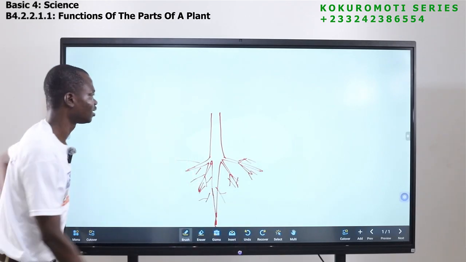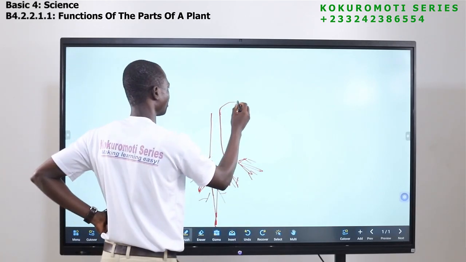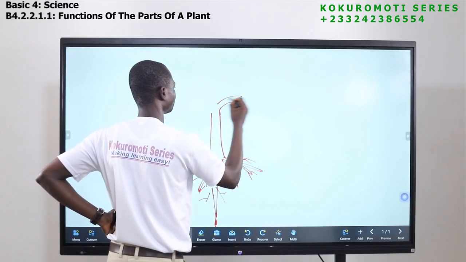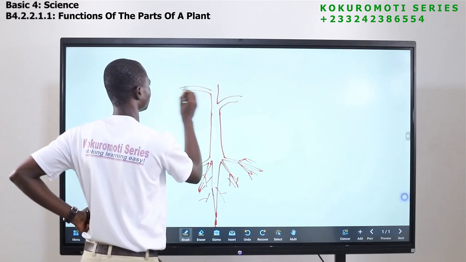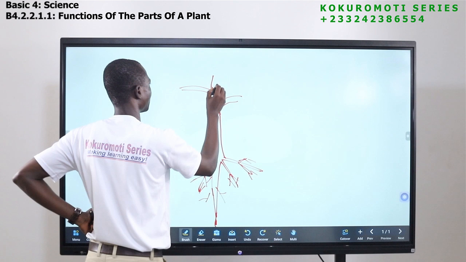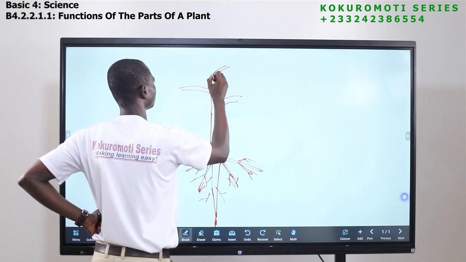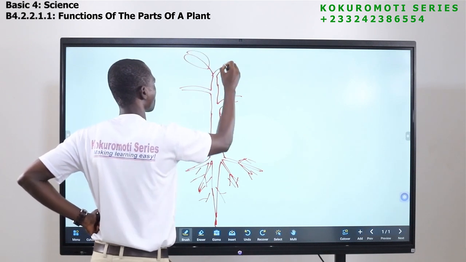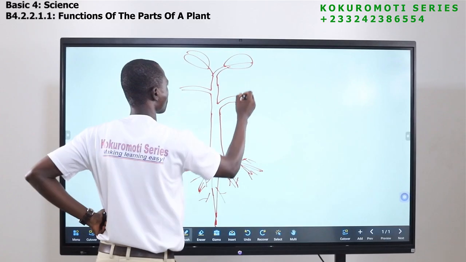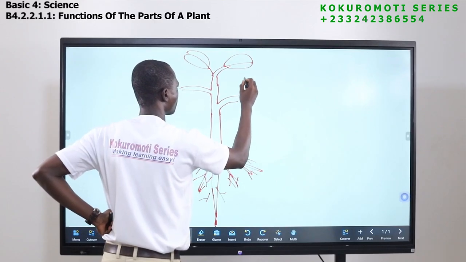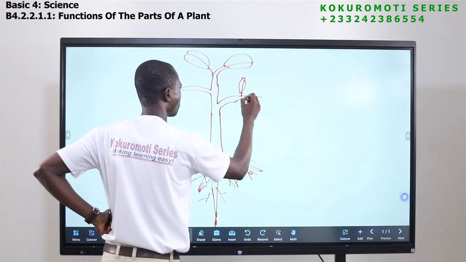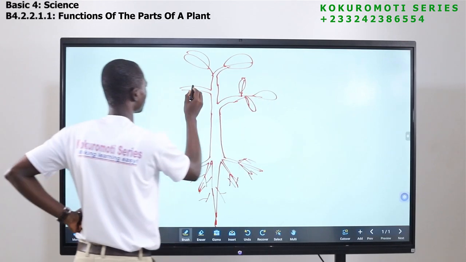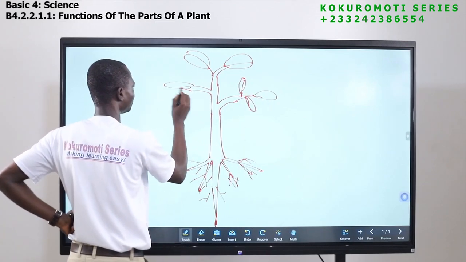So this is the roots, and then we have this side. We have this side. Have you seen it?